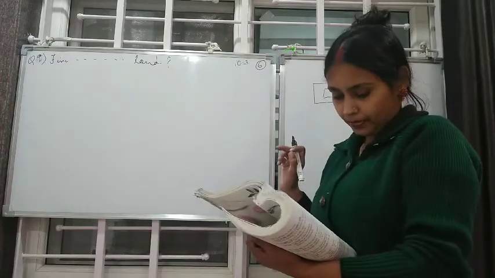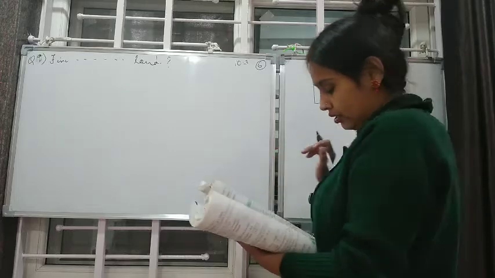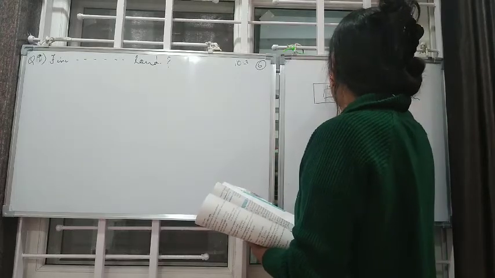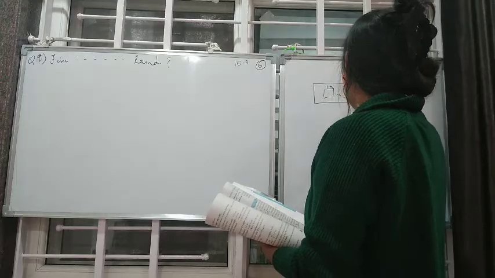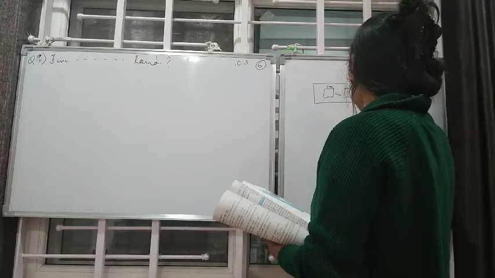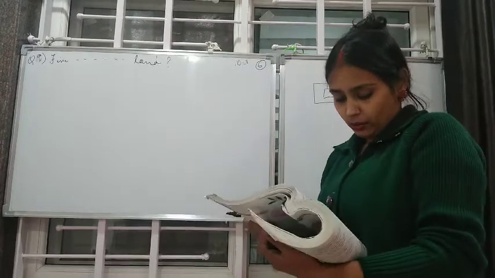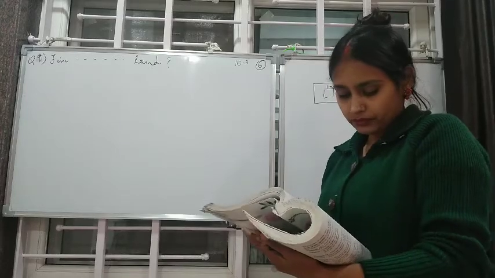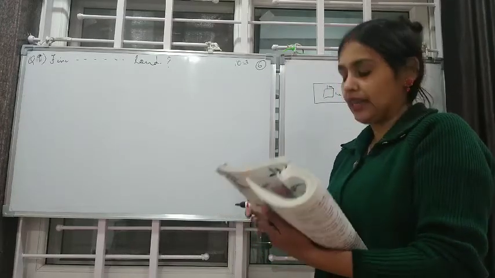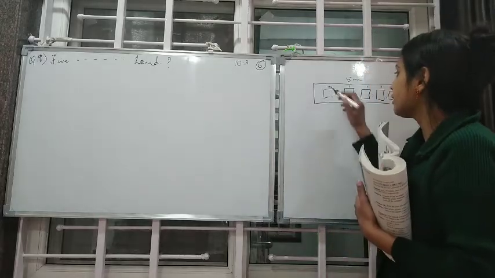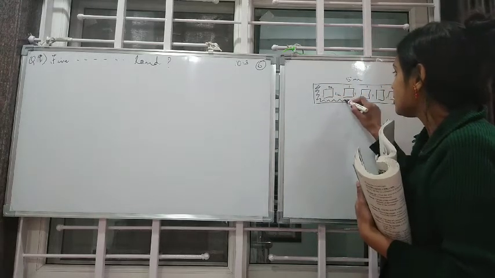Each of sides 1 meter. Each side is 1. Okay, all the 4 sides are 1. What is the area of the remaining part of the land? So we have to find the remaining part of the land, means this part.